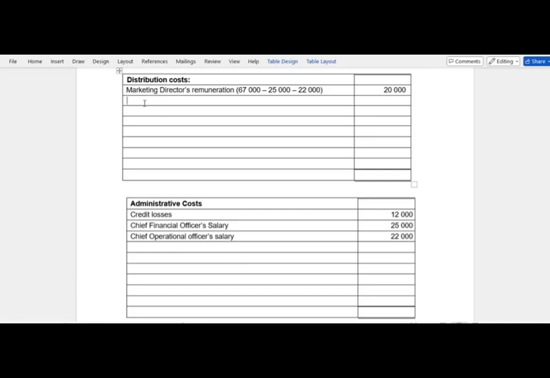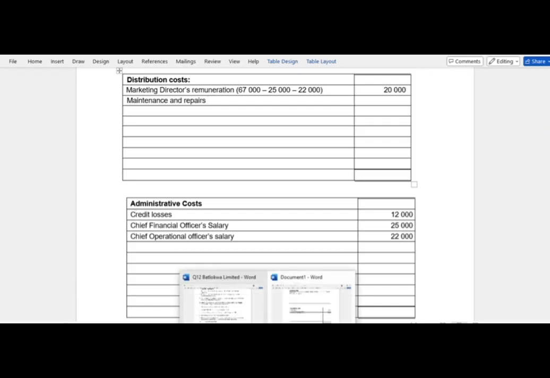So number 2 is going to be maintenance and repairs.